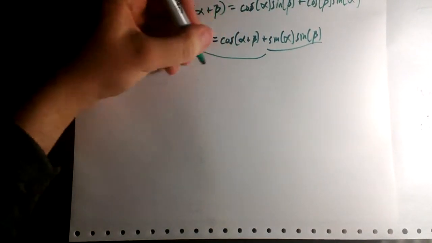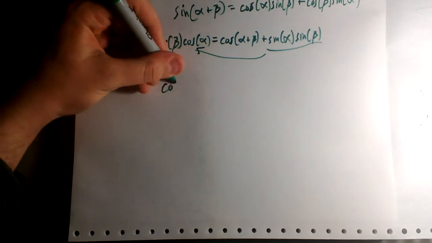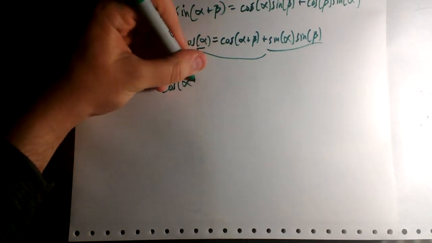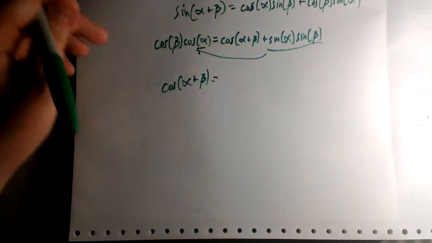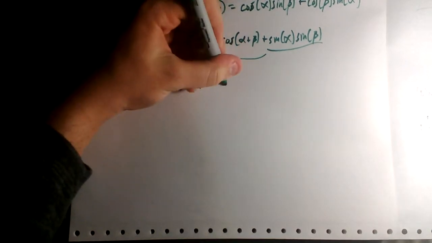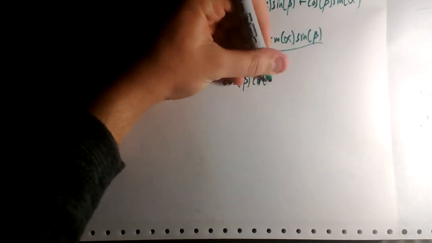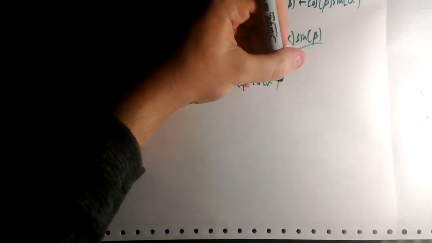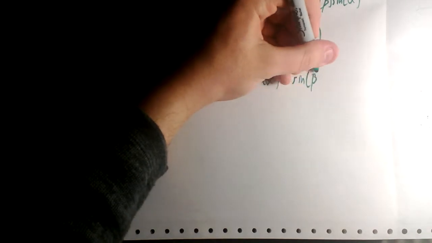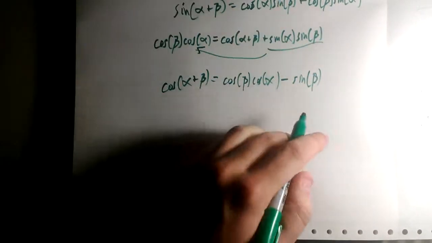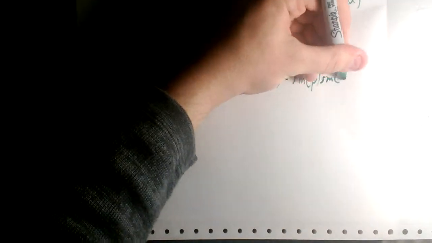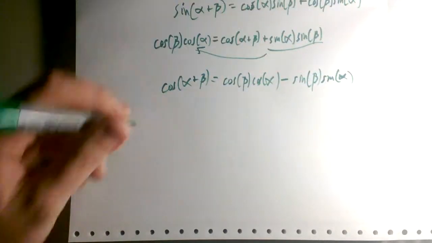And so now we have, let's put this guy in front, cosine of alpha plus beta equals, ooh, look at this. We have cosine beta cosine alpha minus sine beta sine alpha. Ooh, look at that.